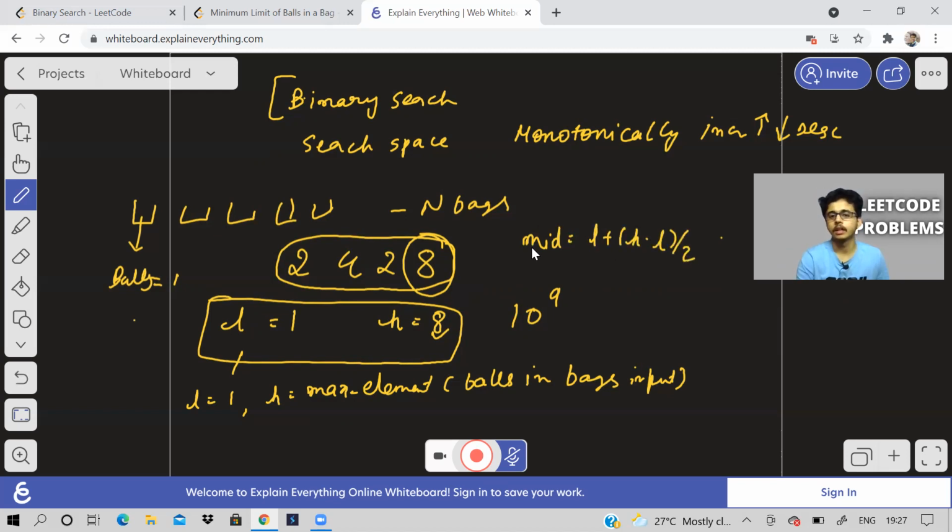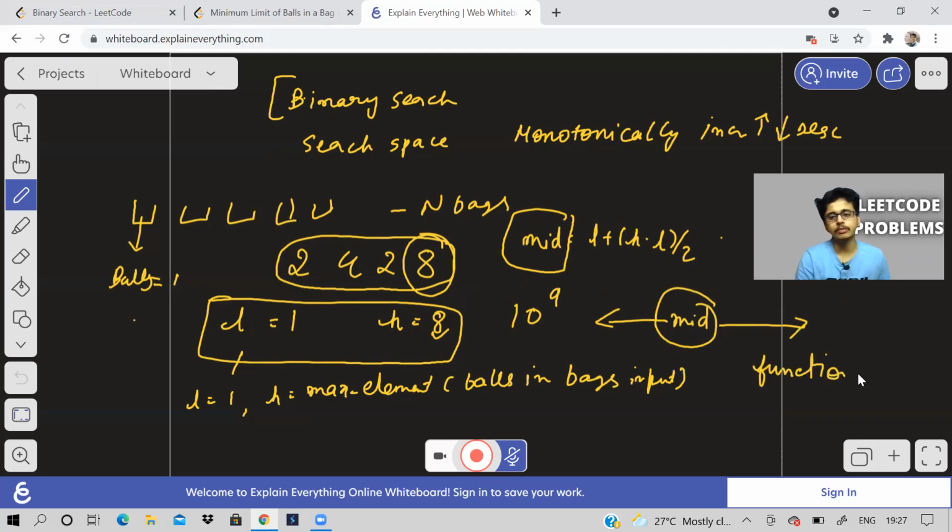So after we create a search space, we are trying to see if this mid value will satisfy some condition, should I check on the left side or the right side? That is what we do, right? So we find mid first, and then we'll write some function. I'm just telling you the flow of the coding part also. We will find mid, write some function and check for some condition. In this case, we'll discuss what that condition is.